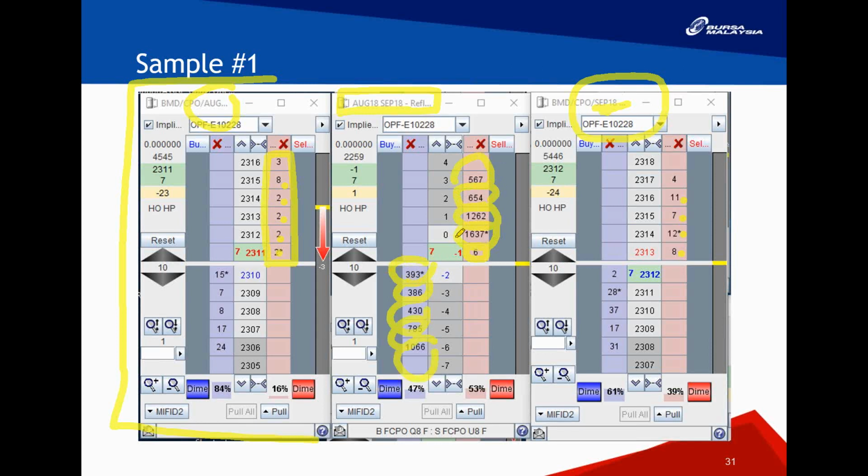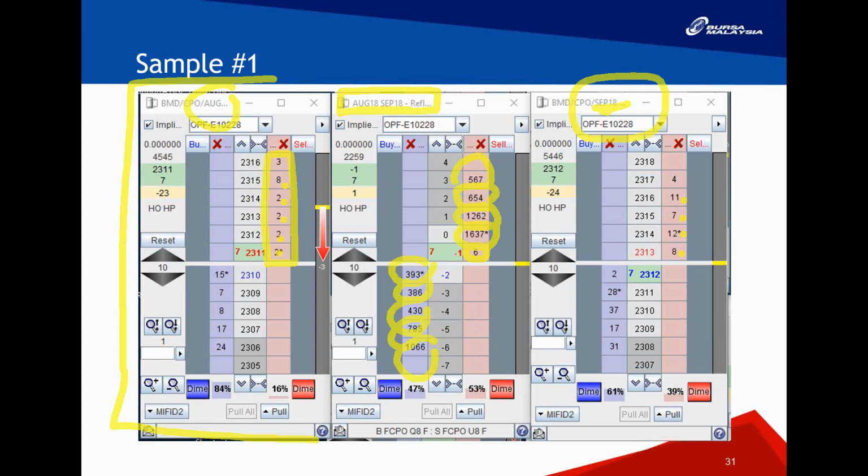The volume in spread trading, where the price is parked to buy and sell, is much higher than in outright trading. So don't be surprised, spread sometimes is more than 50% of total volume traded in the whole CPO market.